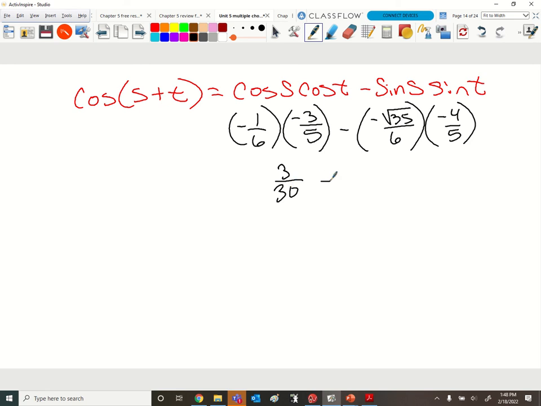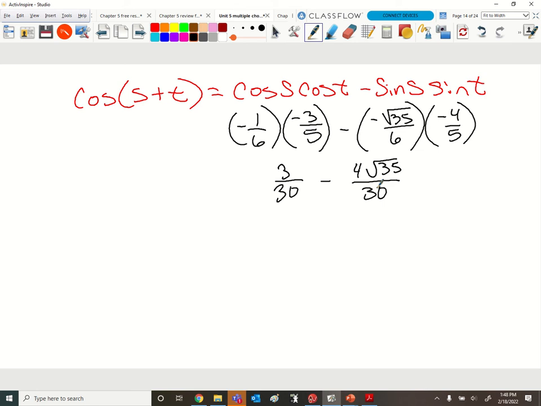So again, a negative, but I have a rad 35 times a 4. So those don't go together unless I have another rad. So that's going to be negative, negative, positive 4 rad 35 over 30. And then combining it over one denominator.